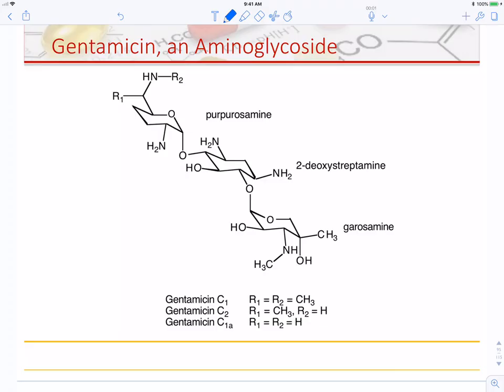Gentamicin is also an aminoglycoside, and so the same thing is true. Basically this is an aminoglycoside. So we have glycan linkage between glycosides, which have been modified to contain amines. These amines need to be protonated for action, and again, resistance is given by modification of these free amines.